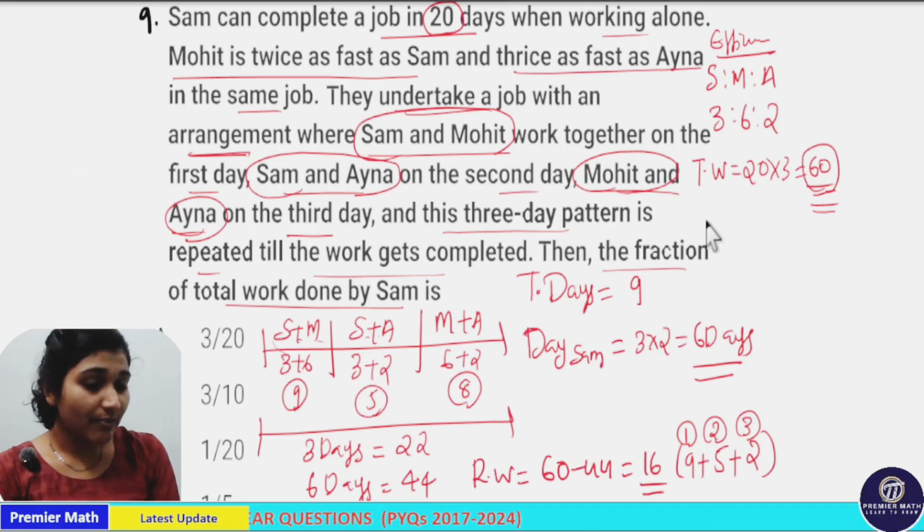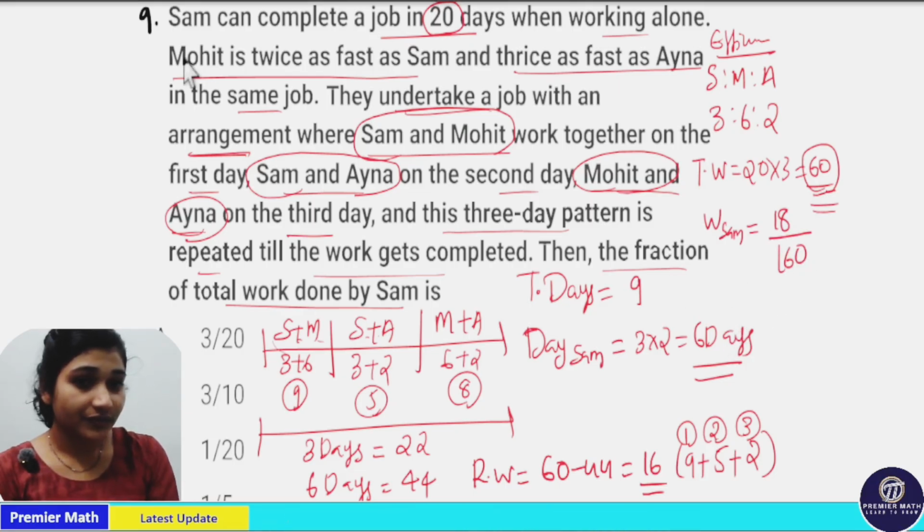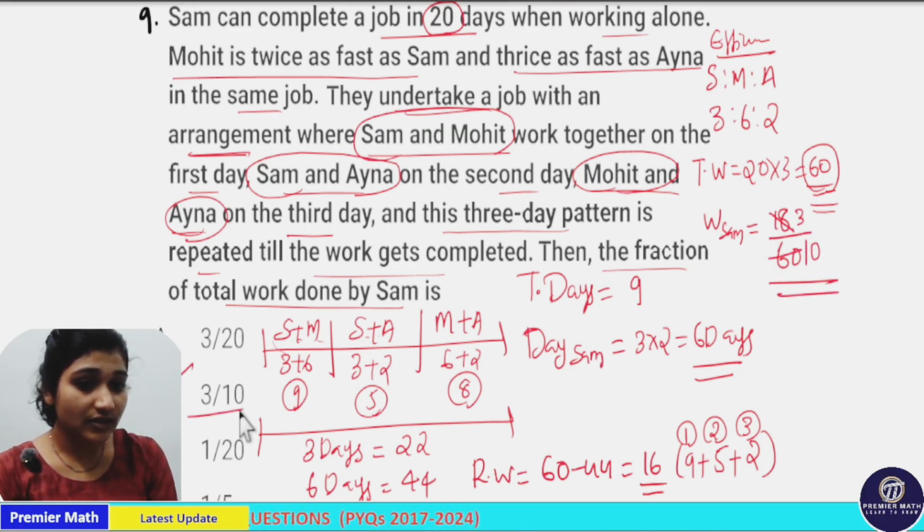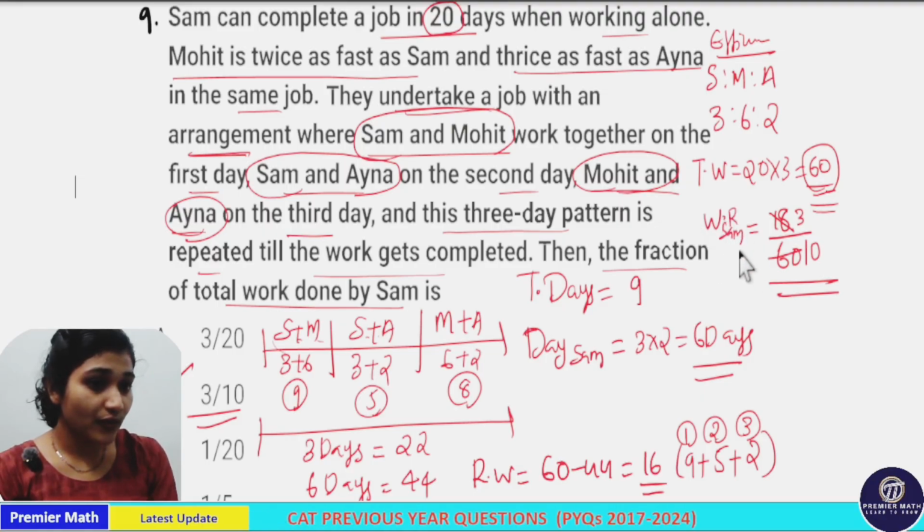So the work completed by Sam is 18 units out of the total 60 units. So the work rate is 6 goes 3 times in 18 and 6 goes 10 times in 60, so 3 by 10. Option B is your answer. The work rate of Sam is 3 by 10.